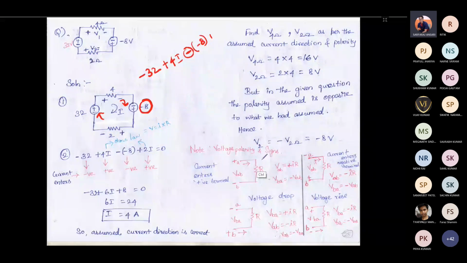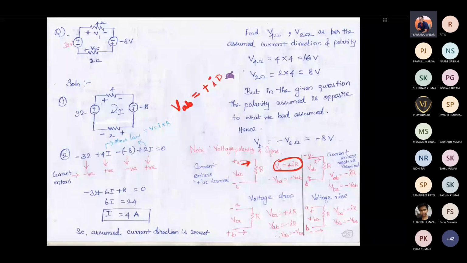In this voltage polarity and signs slide, I have mentioned it in a clear fashion so that you will understand in an easier way. As we discussed before, if the current enters the positive polarity of the element, we will consider VAB equal to plus IR. We told that VAB is equal to plus IR, because the current is entering the positive polarity.